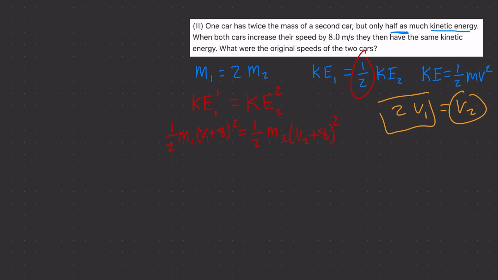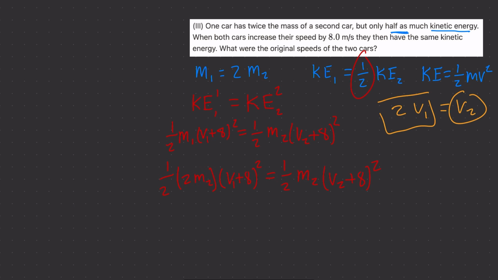Okay? So from here, I can go ahead and still plug in what we know about the relationship between m1 and m2. So I'm going to say 1/2, and then in parentheses here, 2m2 times v1 plus 8, that is, squared, is equal to 1/2 m2 v2 plus 8 squared.